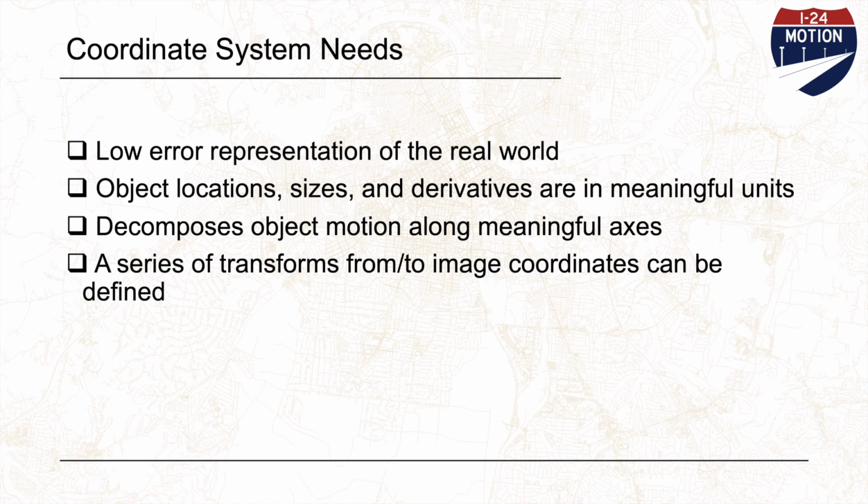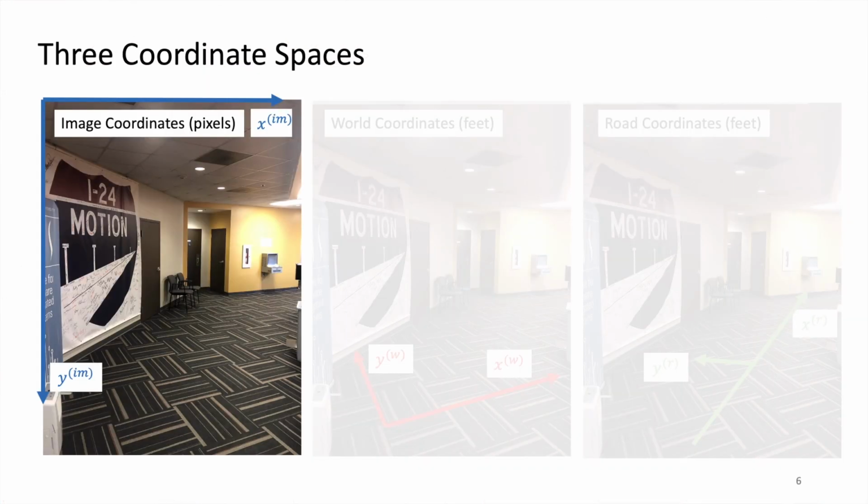So we want the object's primary coordinate vector to be along the direction of the roadway, and the secondary coordinate vector to be perpendicular to the roadway, so to contain lane information. And then we need a series of transforms that can easily move coordinates from image coordinates to the meaningful coordinate system that we define. So I'm going to talk briefly about three coordinate spaces that we're using on I-24 motion.